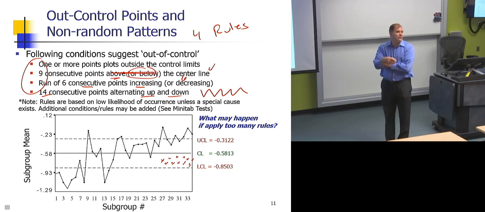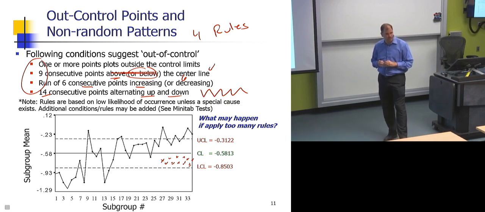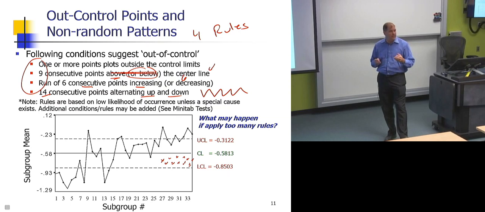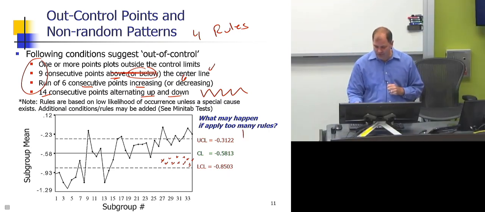You call things out of control, but then someone says, why is that? And you don't really have a good answer. Before you know it, people start to ignore you like you're being overly sensitive. We're trying to find the right balance, that when things change that really are a problem, we detect it, and other times we don't overreact. Too many rules can lead to excess false alarms.